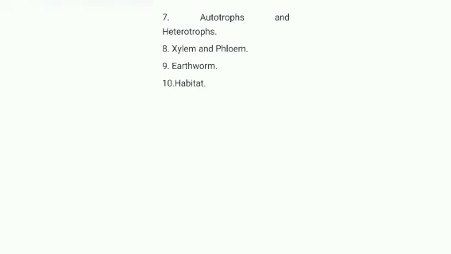Now let's talk about heterotrophs. Heterotrophs are plants that are dependent on other plants for their food. They cannot synthesize their food themselves. They depend on others. If I say the definition, some plants depend on the food produced by other plants.